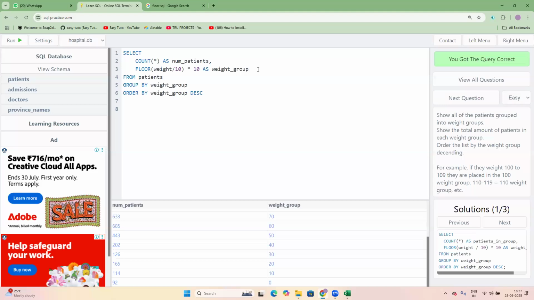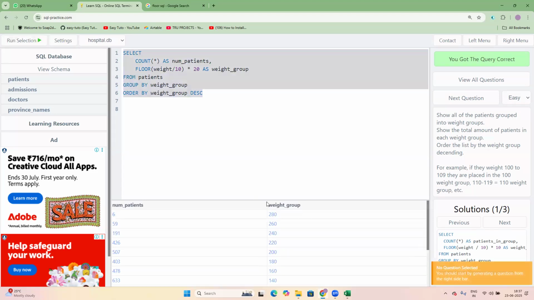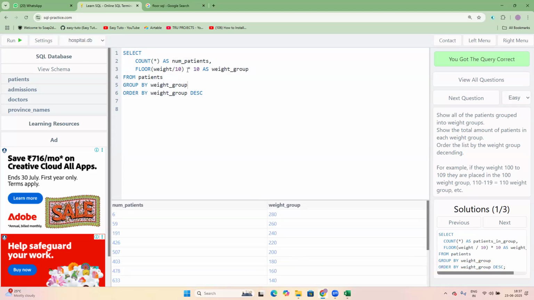Okay. Then what it is multiplied with 20, maybe. Yeah, maybe. Okay, let's try. That works, but whatever output we are getting, it's not correct.